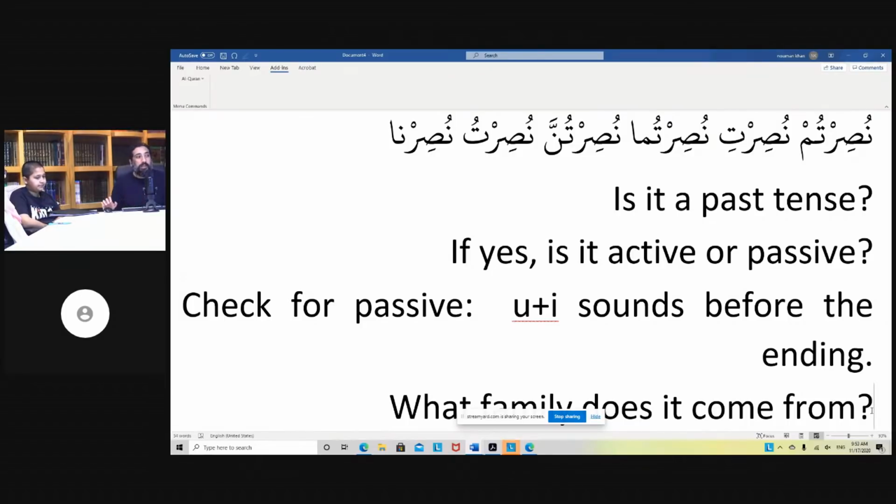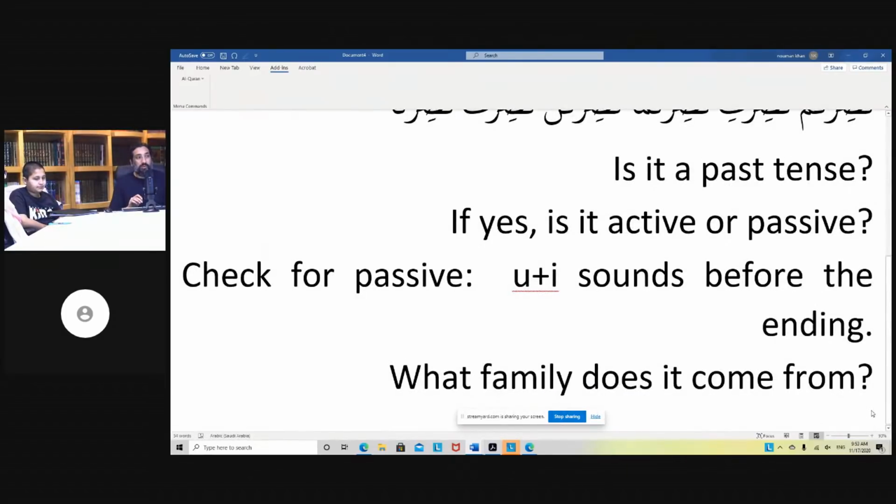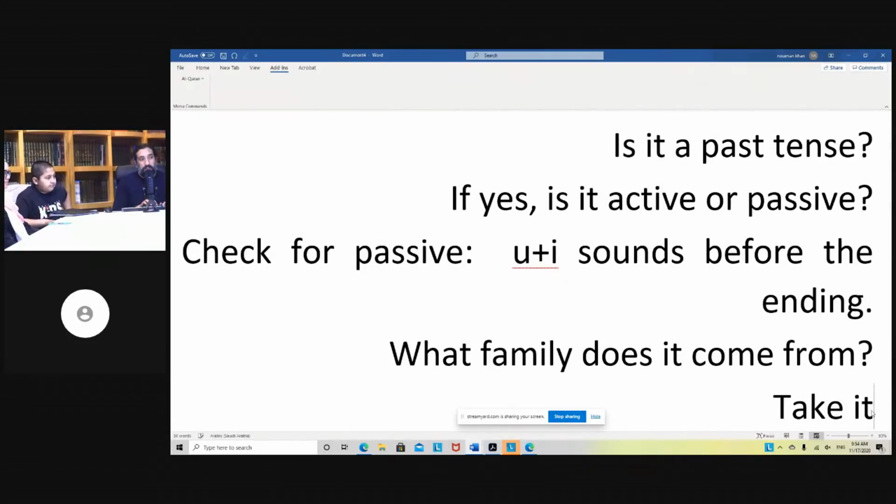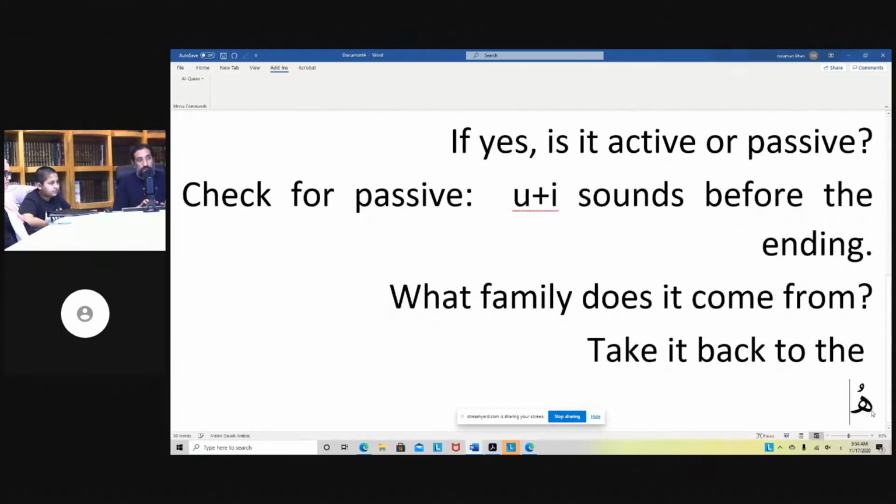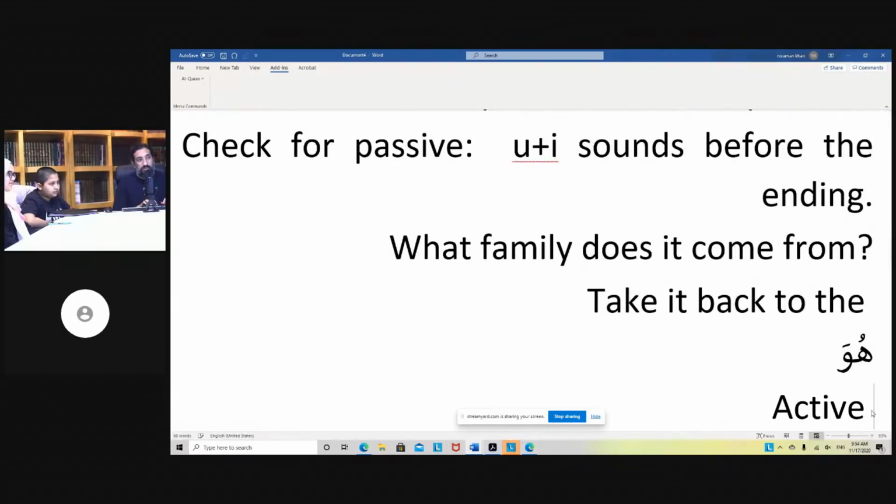Now, how do we answer that question? The way we answer that question is, take it back to the hua active version. Not the hua passive version, but the hua active version. Meaning the very beginning, every family that you memorized.